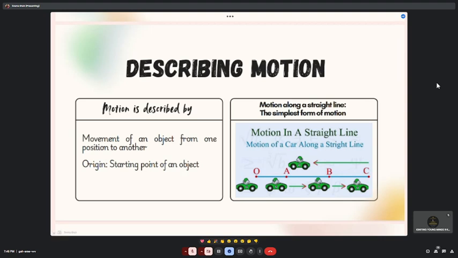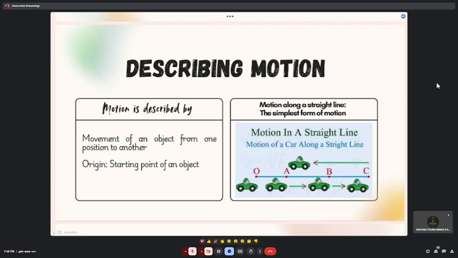Okay. Then what is the other kind? Circular motion, ma'am. Circular motion. There are multiple ways in which an object can move around in a given space, but the simplest form is linear motion, correct? Motion along a straight line is called linear motion.